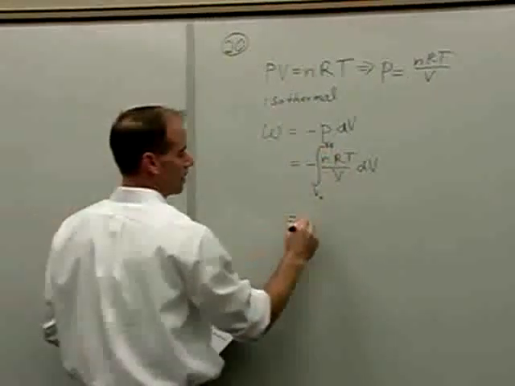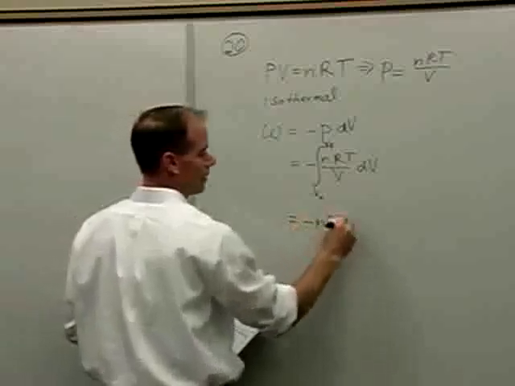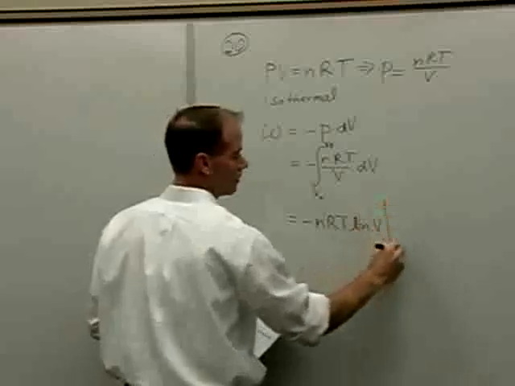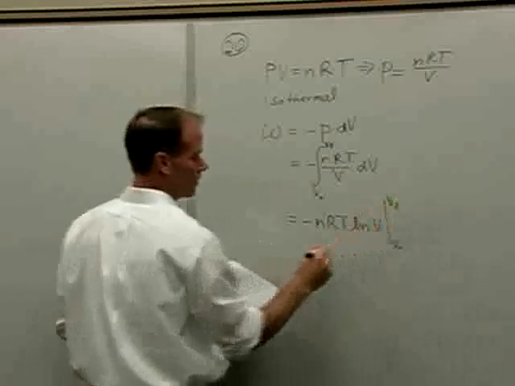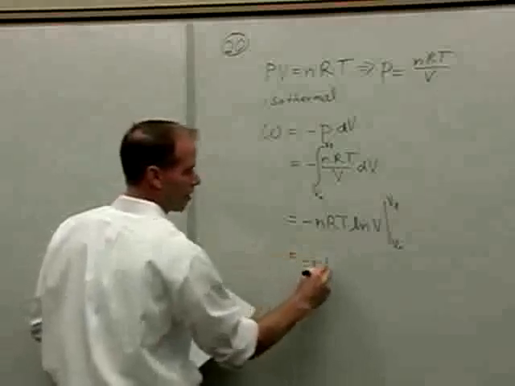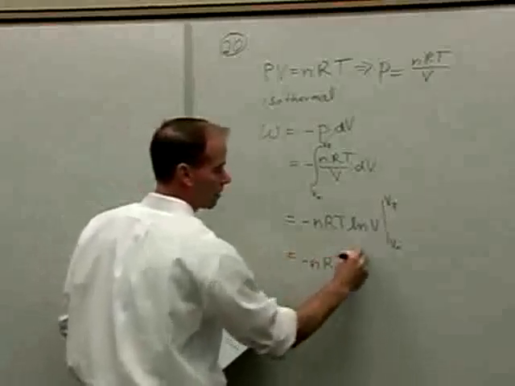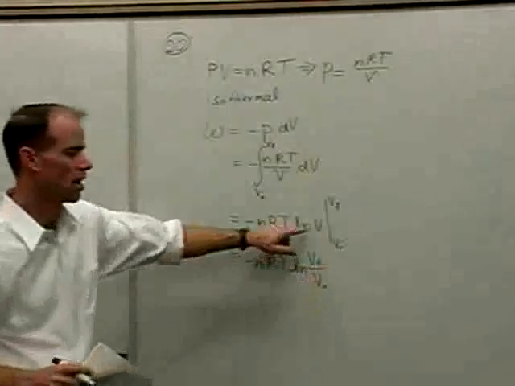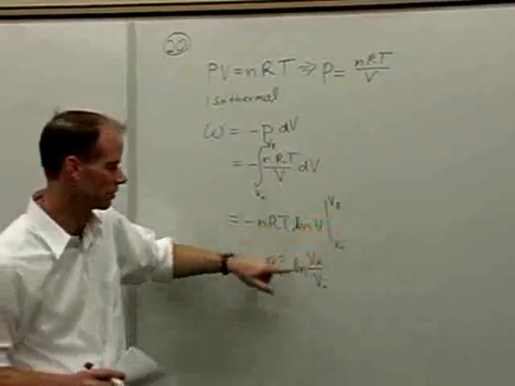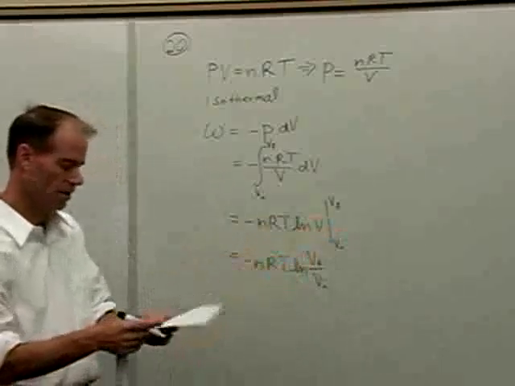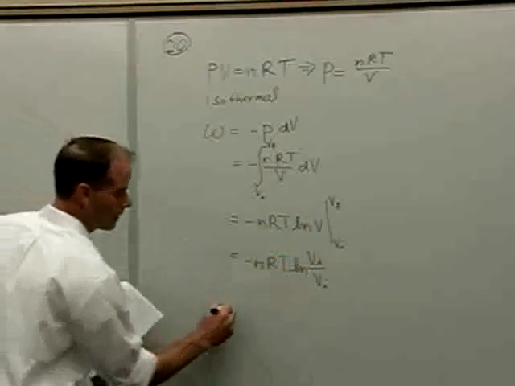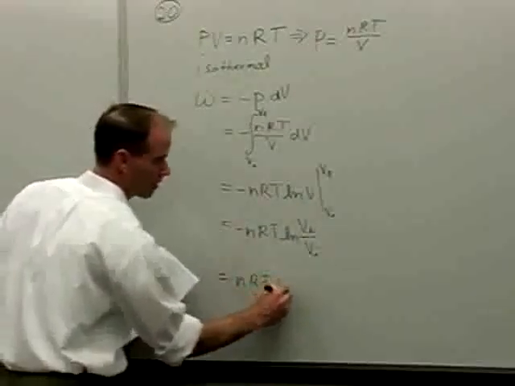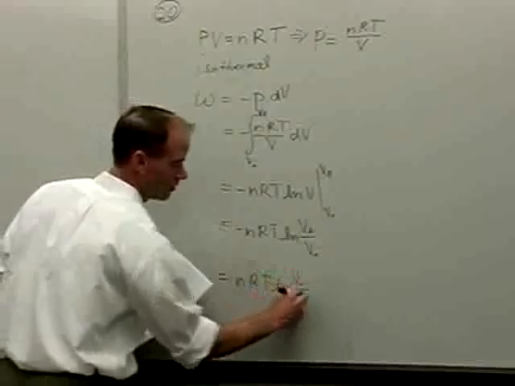This would be a negative nRT, natural log of the volume from initial to final, which would be a negative nRT, natural log of V final over V initial. This would be log of V final minus log of V initial, which would be log of V final over V initial, which I could write, since it's negative out front, as nRT, natural log of V initial over V final.